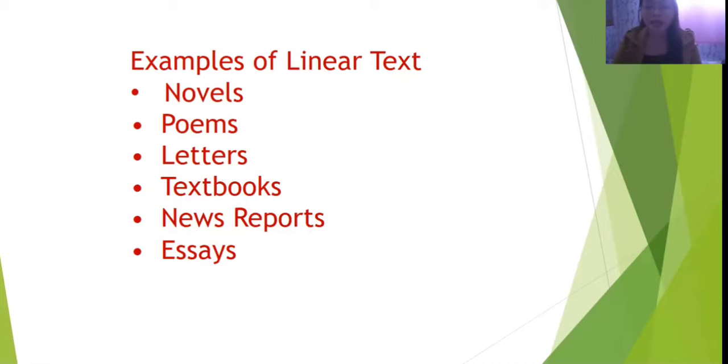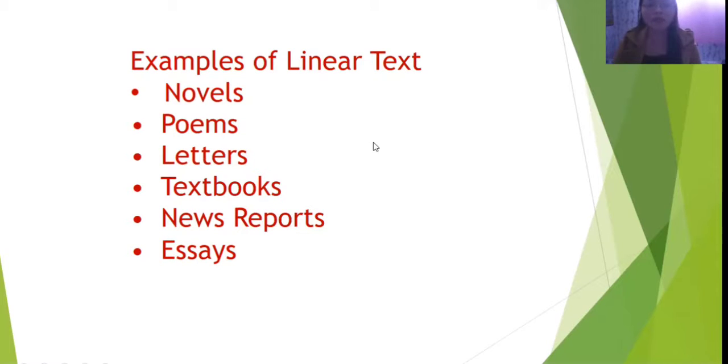However, it is not always advantageous to use linear text because when you are in a hurry, you have to read the whole text from beginning to end in order to find specific information you need, and it may take considerable amount of time.